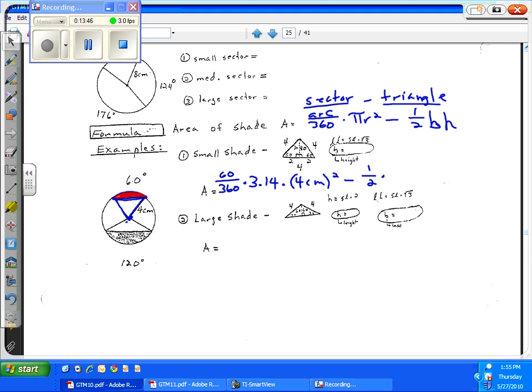Now, we don't really have the base and height. The base would be this flat part, and the height would be from the center perpendicular.